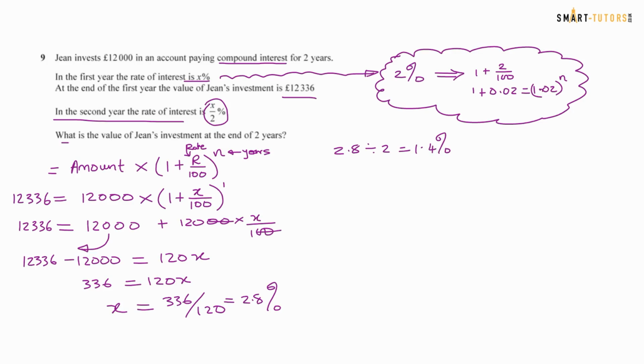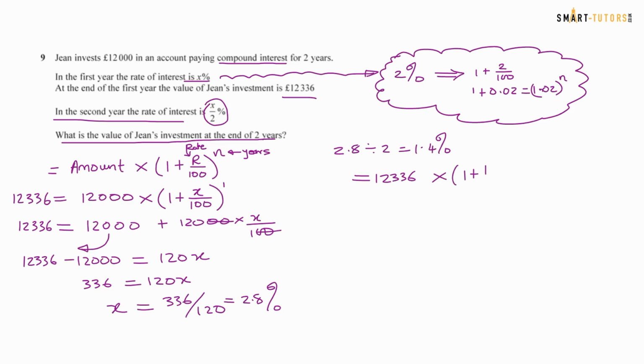For the second year the interest rate is 2.8% divided by 2, because they have given X over 2. So 1.4%. Now we need to find the value of the investment at the end of the second year. The total she has is 12,336 at the end of the first year.